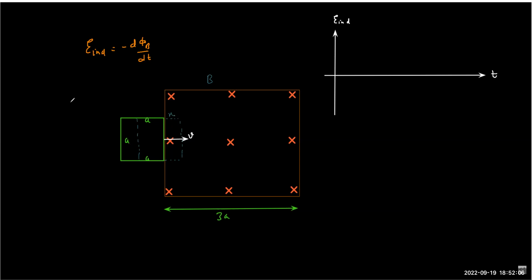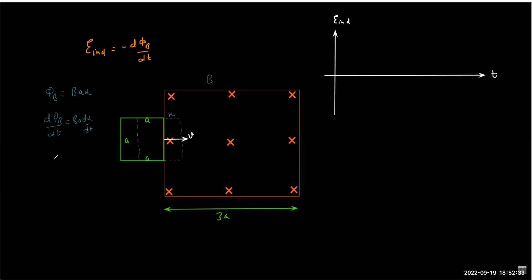What is the flux? The first step is just to find the flux, and it is pretty easy to find. It is B A x, and therefore differentiation is also easy. So we can say d phi B by dt is B A dx by dt, because everything else is constant.